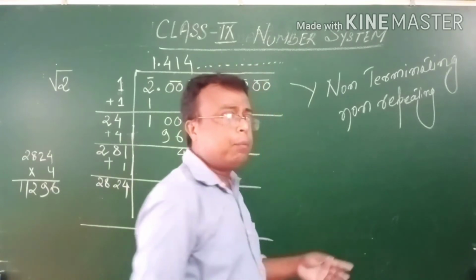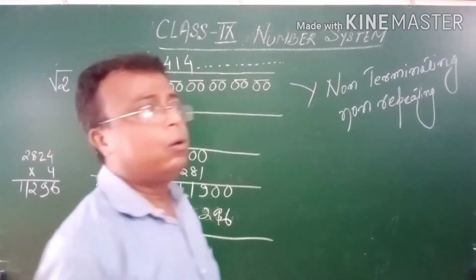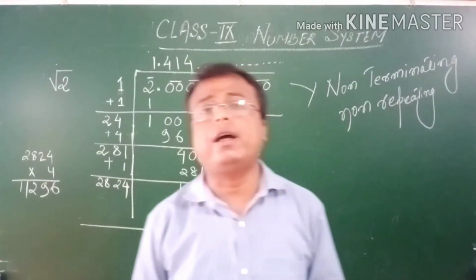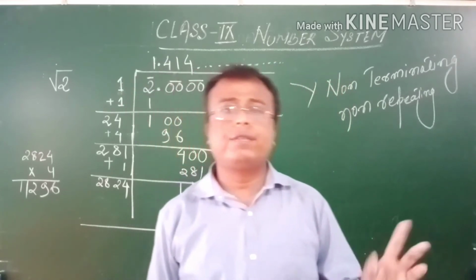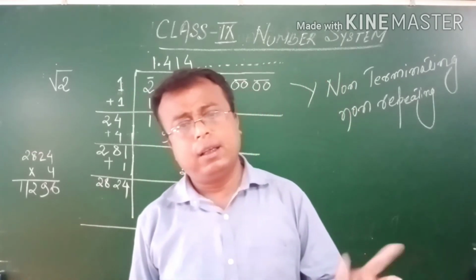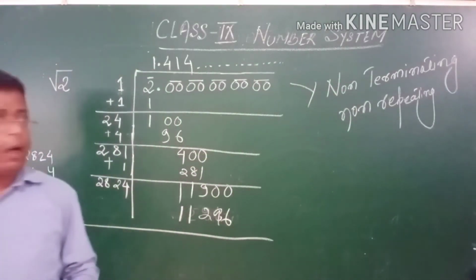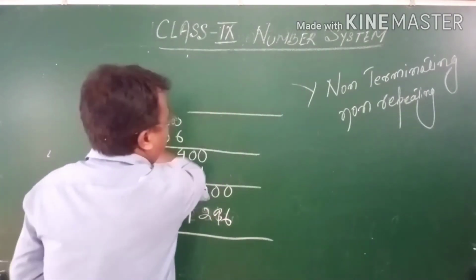That's why what type of number is root 2? Irrational number. So now you can find out similarly the square root of 2, 4, 3, 5, 6, 7, 8 like this. Okay. Now, alright. I hope it is clear to you how to find out the square root of any number.